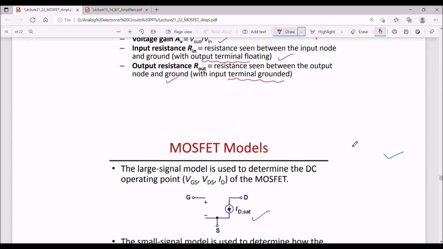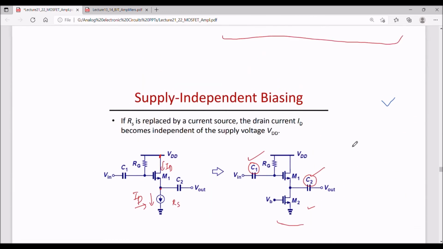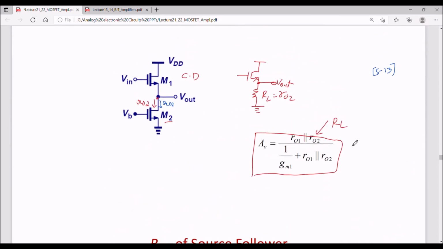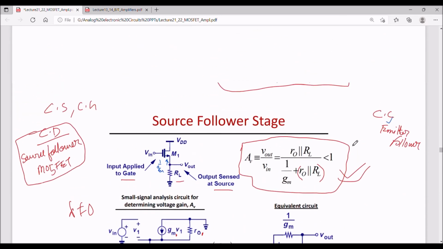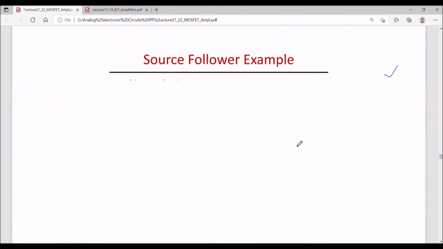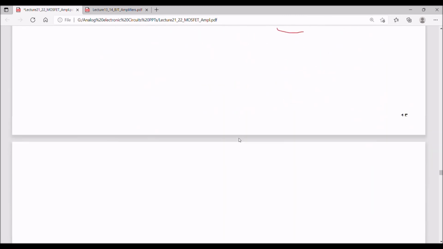I'll show you. We have found today this output impedance for common source, that is this part. GM RO RS plus RO, right? So this is the same. So we'll utilize the same to find out the impedance.